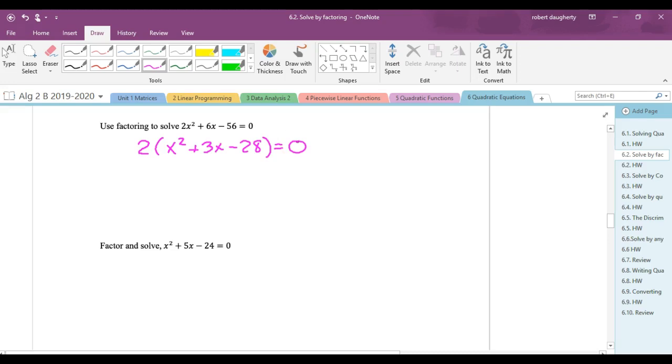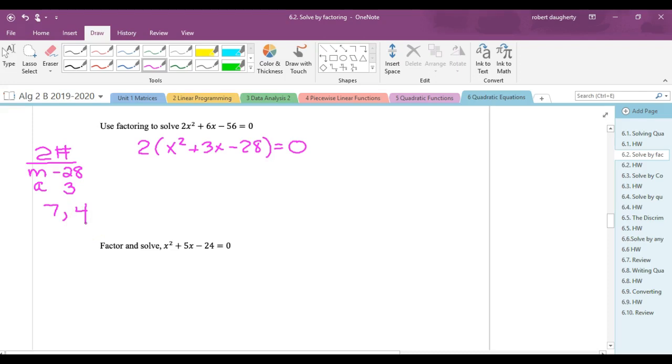If I look inside the parentheses to factor that, I need to find two numbers that multiply to give me negative 28, and add to give me a 3. What numbers can do that for you? 7 and 4. Those multiply to 28.